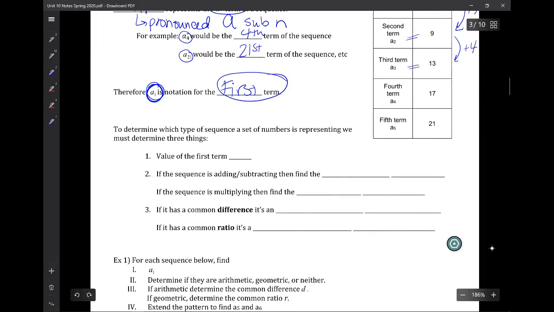All right, to determine which type of sequence is represented, the first thing you should always do is determine A1, the value of the first term, A sub 1.